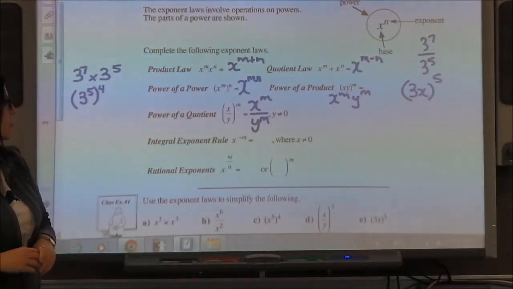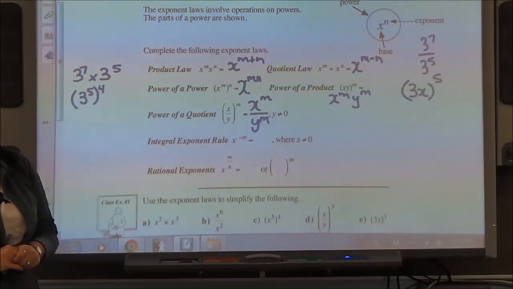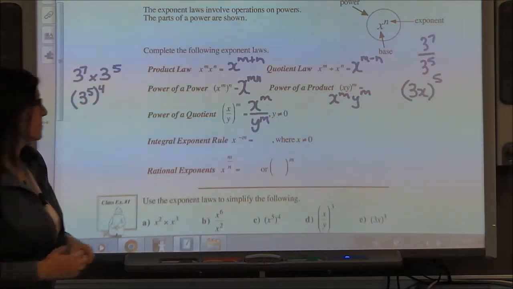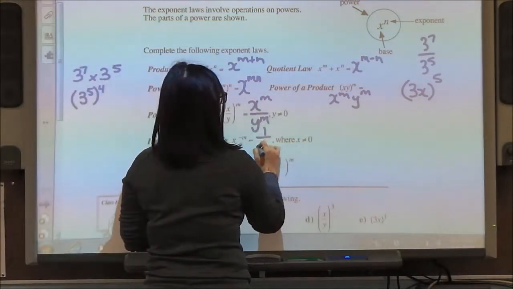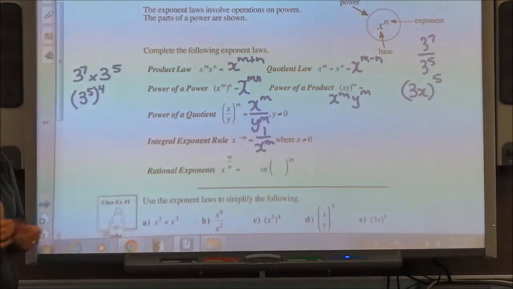Then we have the integral exponent rule, x to the power of negative m. How do I make that a positive m? You have to put it on the bottom. So I get 1 over x to the positive m. And I'm going to take a moment to show why that happens.